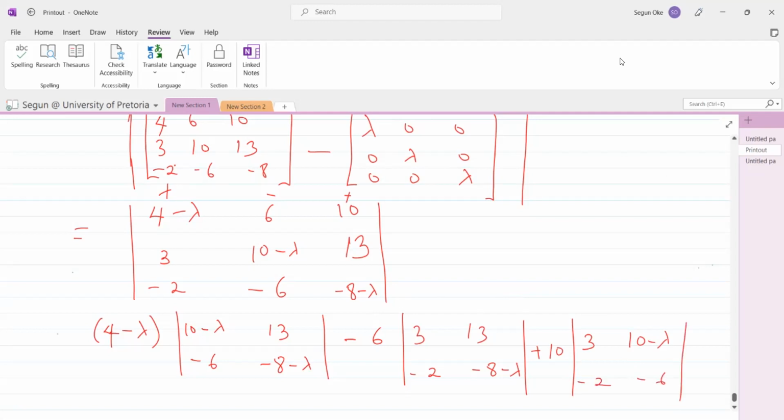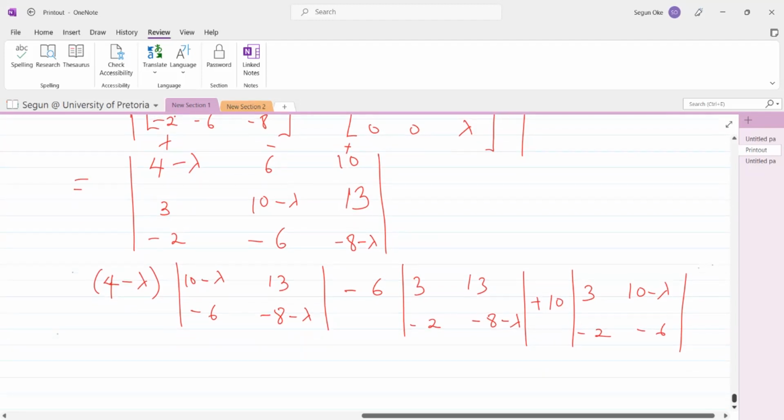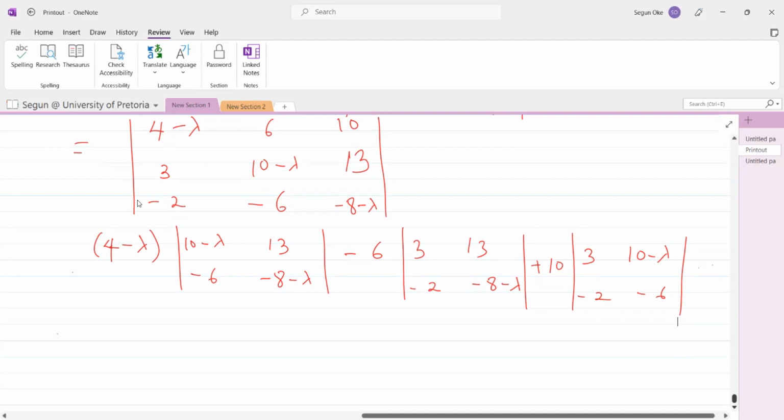So we can solve it one by one so that you won't give yourself unnecessary headache. I can just pick the first one. 4 minus lambda. Open the big bracket.